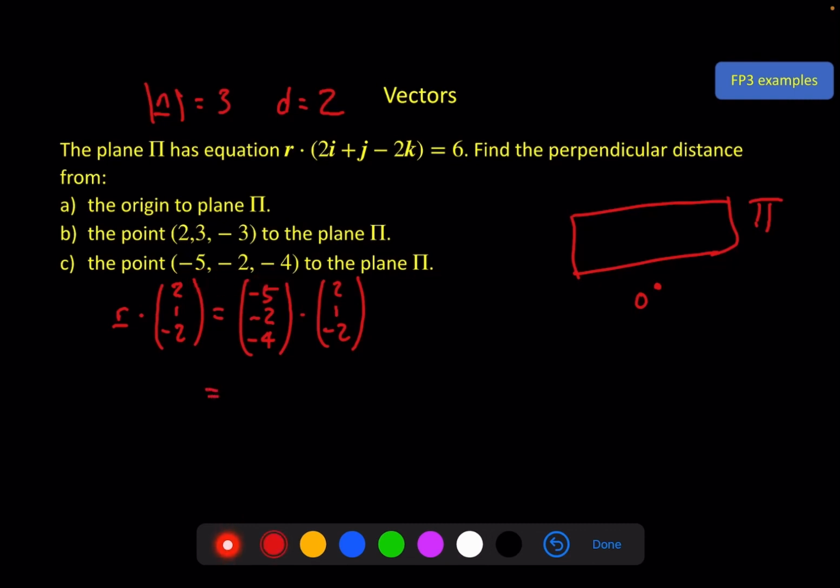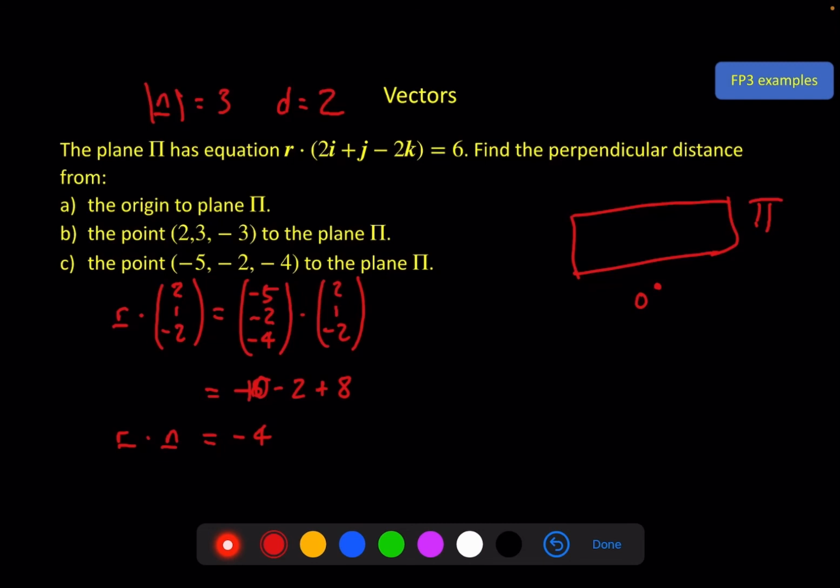So I've got minus 5, minus 2, and, sorry, minus 10, minus 2, and 8, which gives me minus 4. So r dot n is equal to minus 4 in this case.